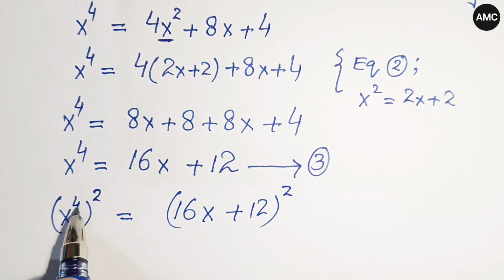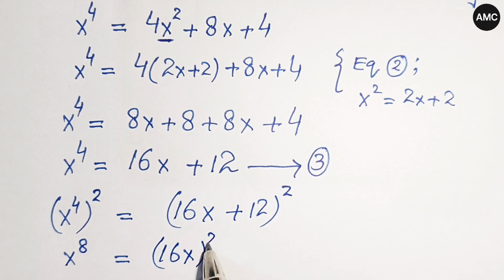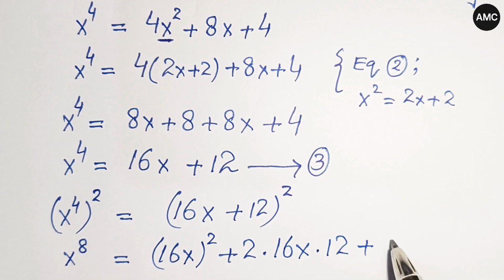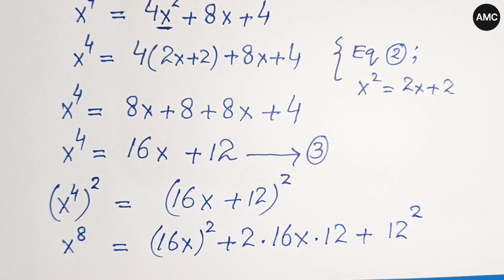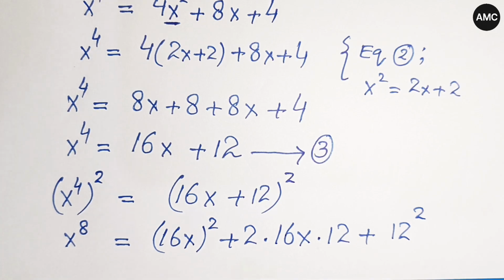So it will be x to the power 8 is equal to (16x) whole squared plus 2 times 16x times 12 plus 12 squared. So here we get that x to the power 8 is equal to 16x squared.